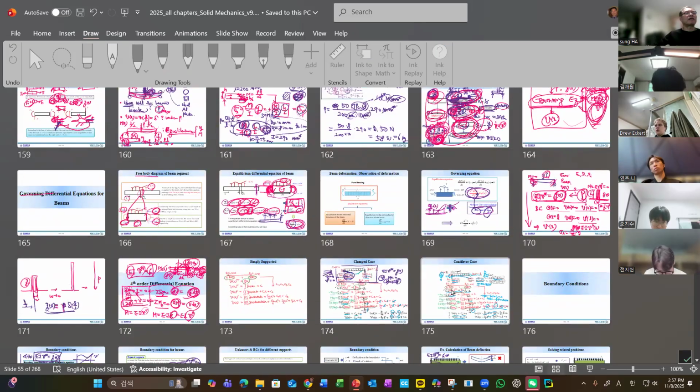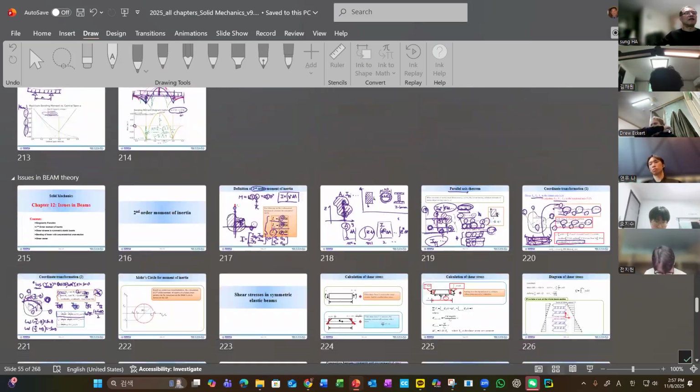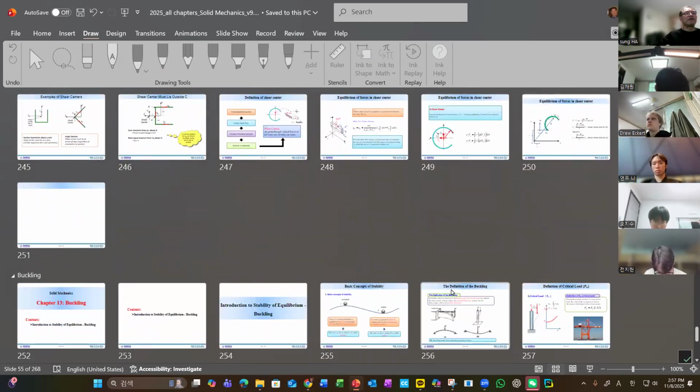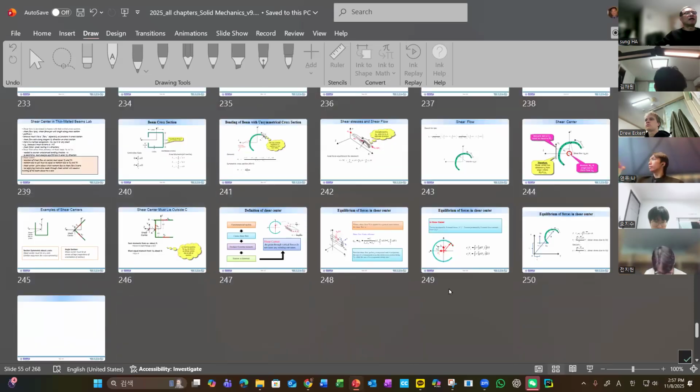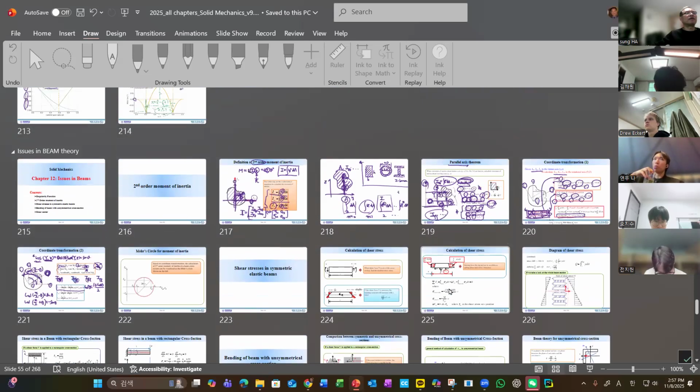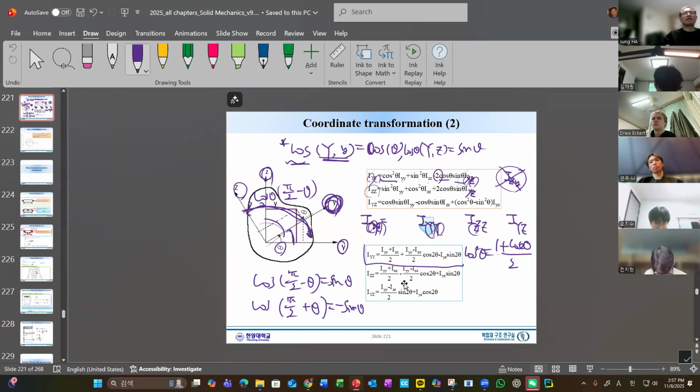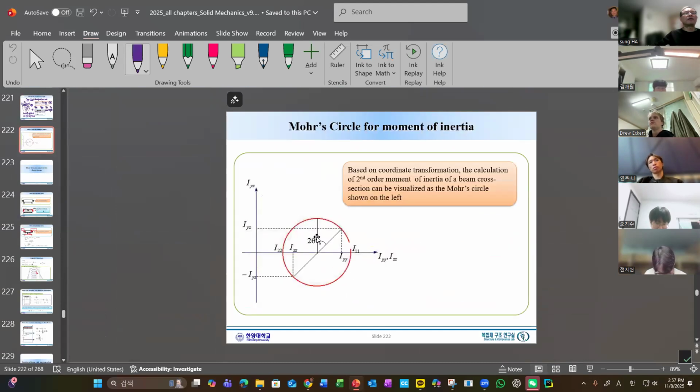Simply because they are second order tensors, and even though their physical meanings are quite different, their mathematical representation or transformation remains the same. Okay, that's why once we have this expression, we can use Mohr's circle to calculate the other quantities.